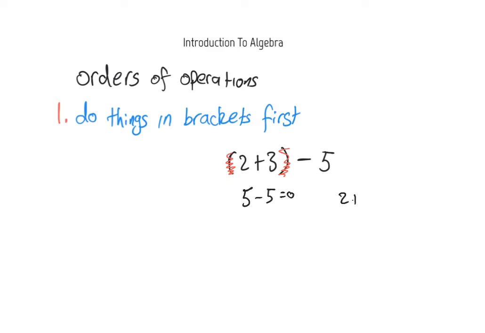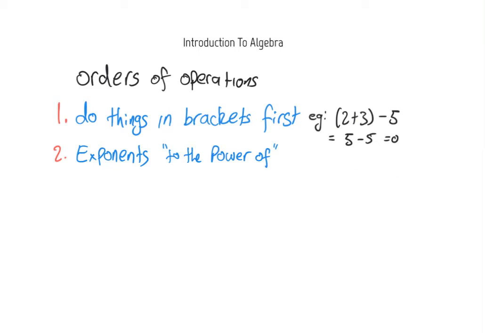And then people will just write 2 plus 3 minus 5, which is 2 plus 3, which also equals 0. But this is the wrong way to do it. You need to do inside the brackets first, which is the 2 plus 3, which gives you the 5, and then you subtract the 5 after. We're just lucky that it ends up being the same answer, but later in the video you'll realize that it does make a big difference.